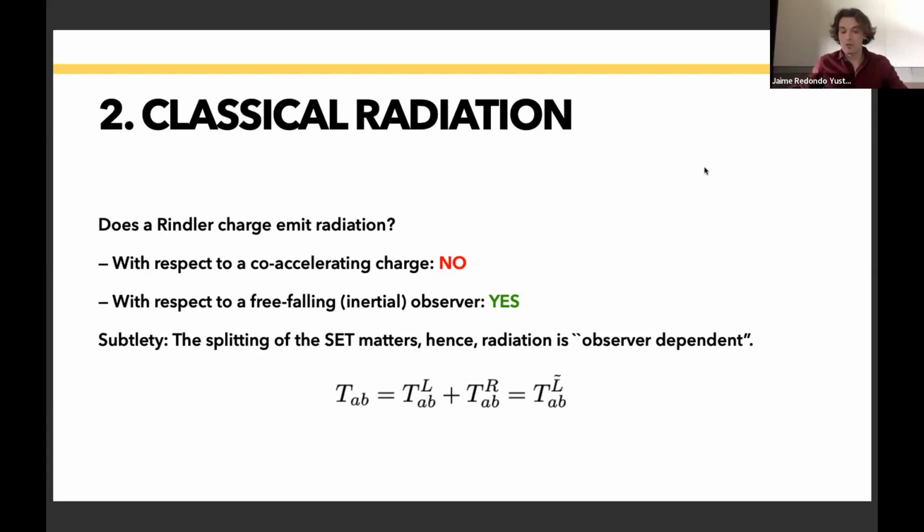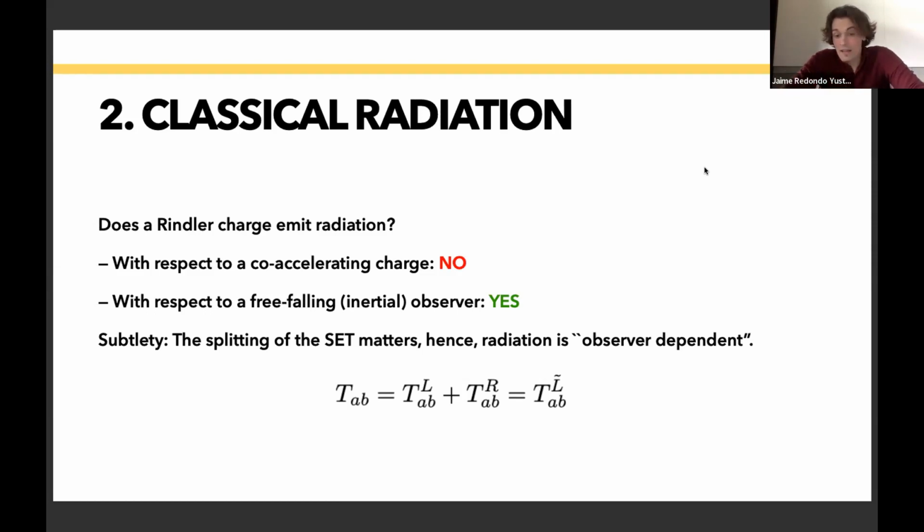And again, I'm not going to review the calculation, but if we consider a co-accelerating observer, that would be, for example, me looking at my phone here sitting on the table, I would not perceive any radiation because I am co-accelerating with the charge. However, if we consider an inertial observer that is in free fall, and this would be the more dual case to the Unruh effect, then we would measure some radiation.